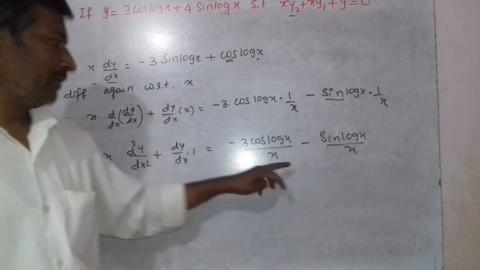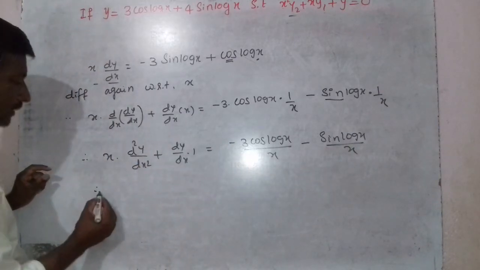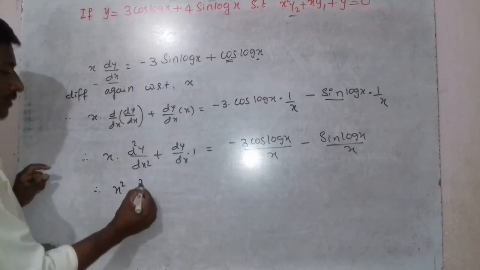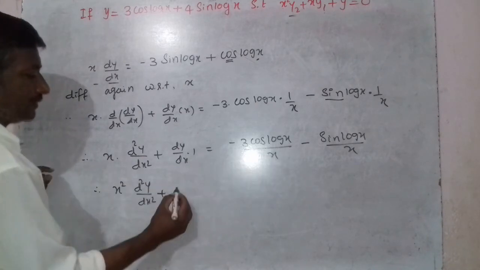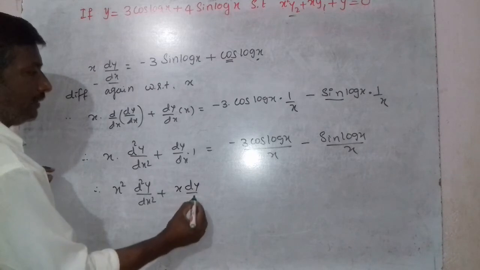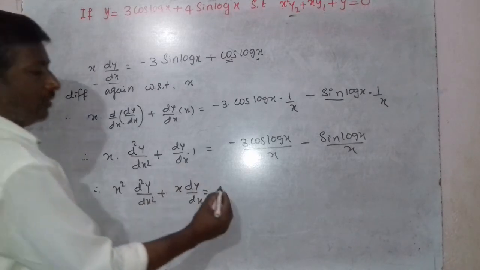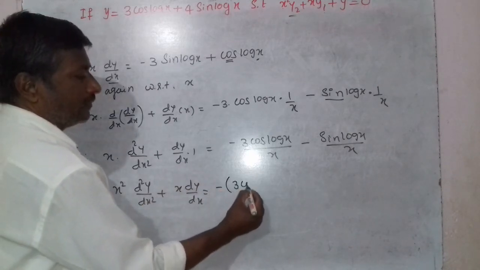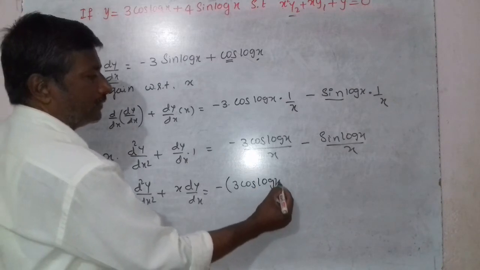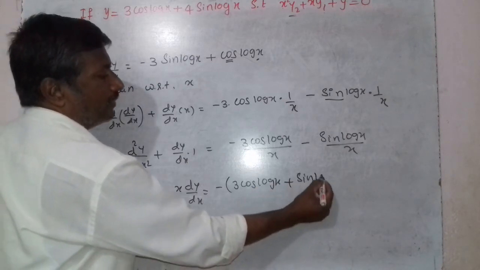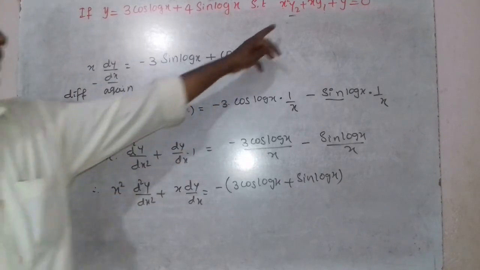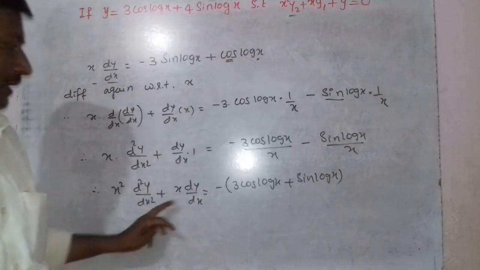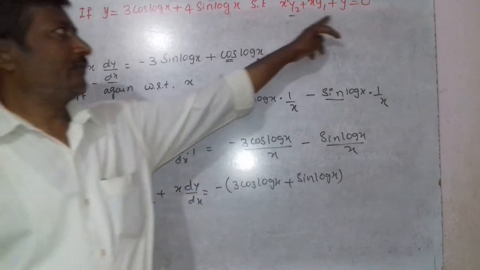LCM is same here, cross multiply, therefore x square d square y by dx square plus x dy by dx equal to minus of 3 cos log x plus sin log x. So the entire expression is in terms of this one.